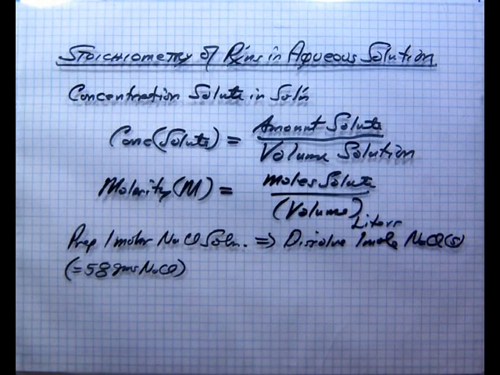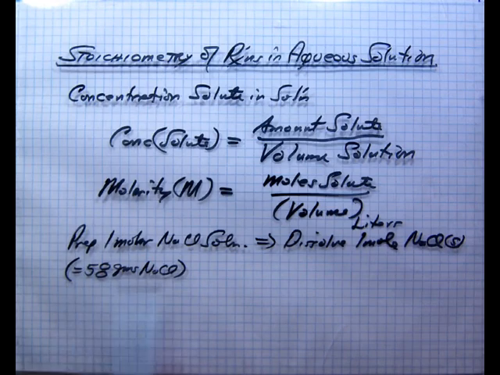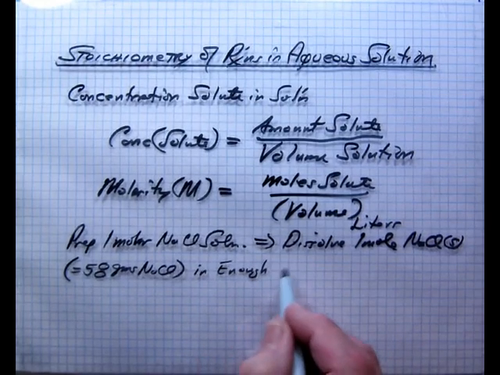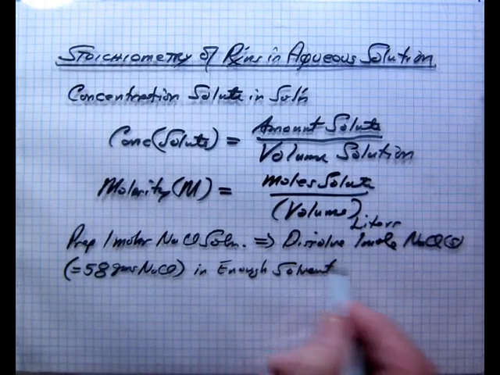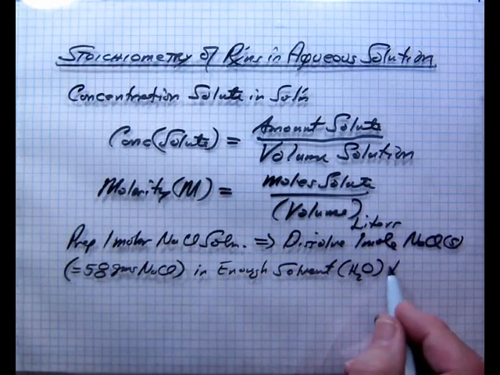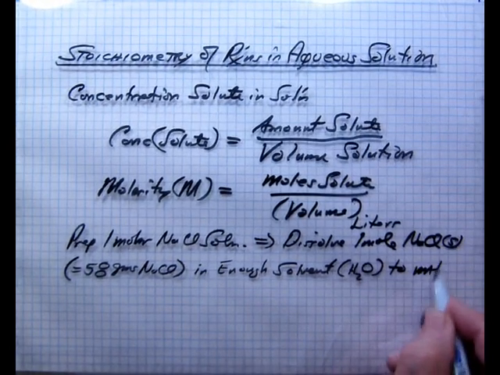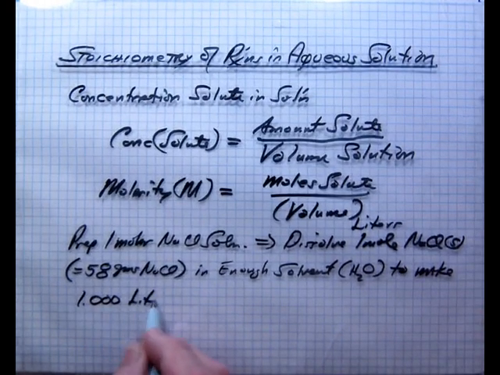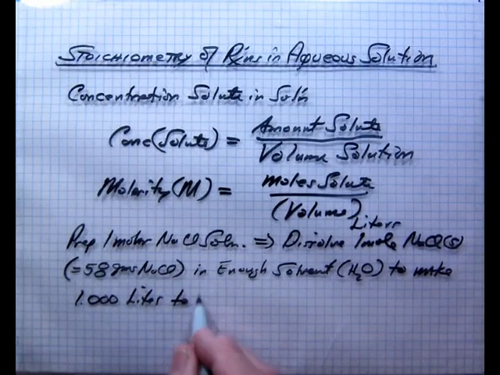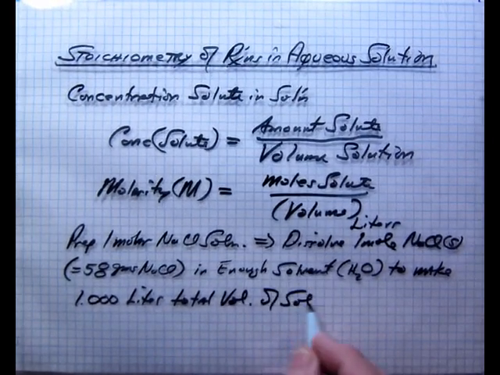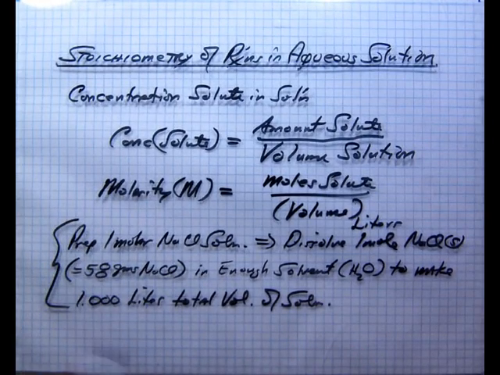I would dissolve 1 mole of sodium chloride salt, which is 58 grams, in enough solvent, in this case water, to make 1.000 liter total volume of solution. Okay.